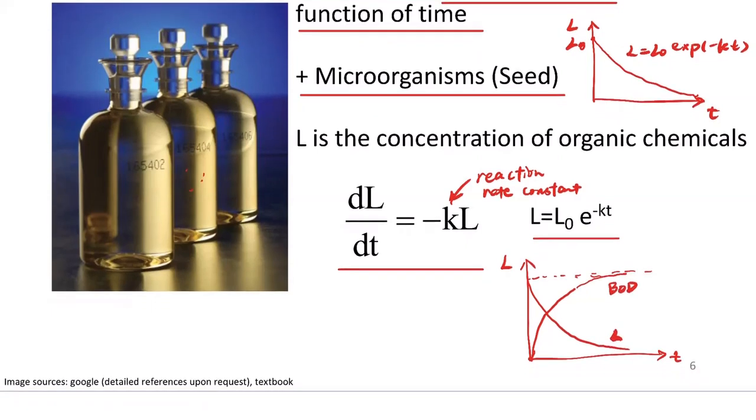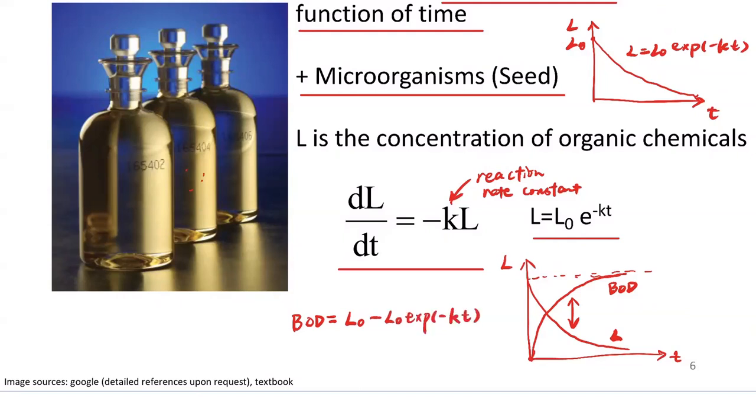So basically the BOD is going to follow a trend that's the reverse of the concentration of the organics. We can write it out as BOD equal to L0 minus L0 exponential of minus Kt.